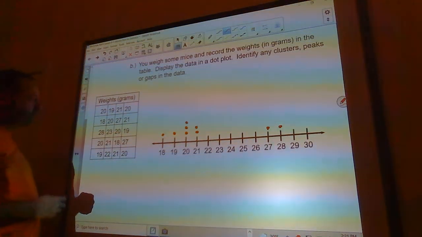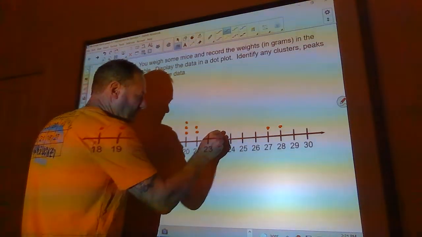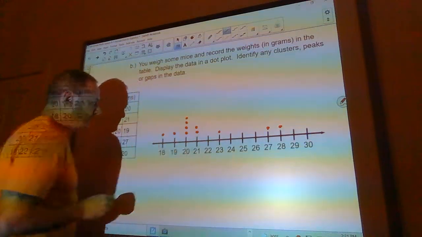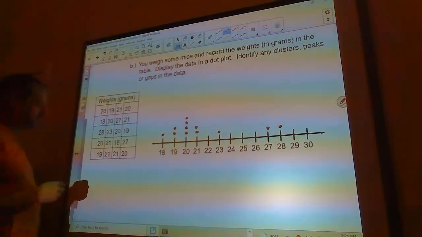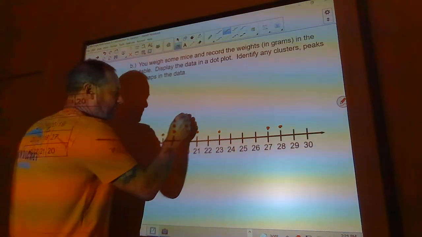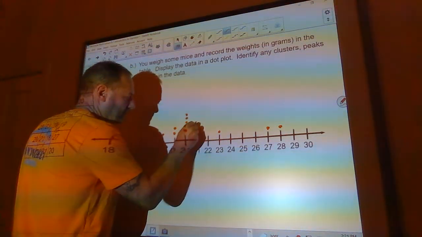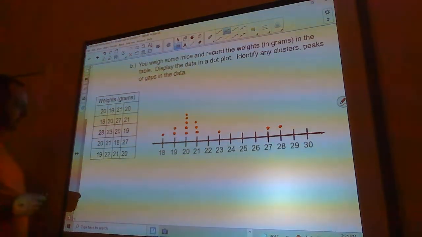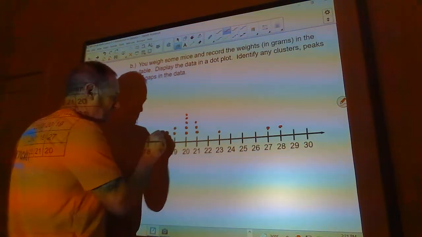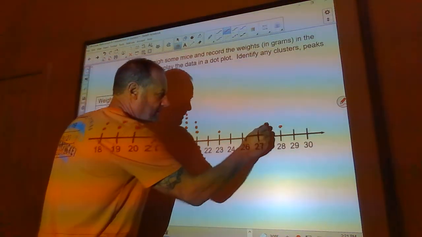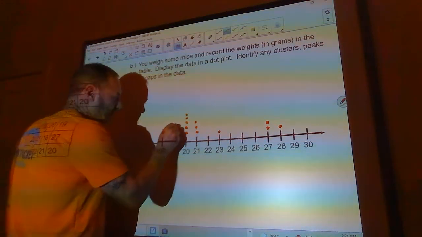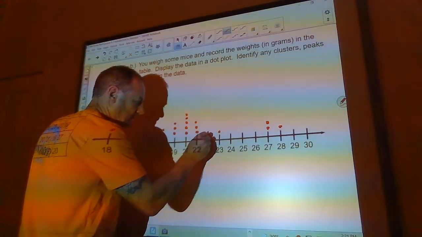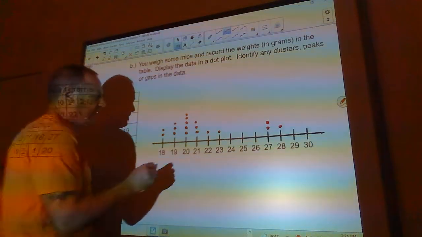Okay, and then a 23 and a 20. So there's a 23 and another 20. A 19, a 20 and a 21. An 18 and a 27. And then a 19 and a 22, and a 21 and a 20.